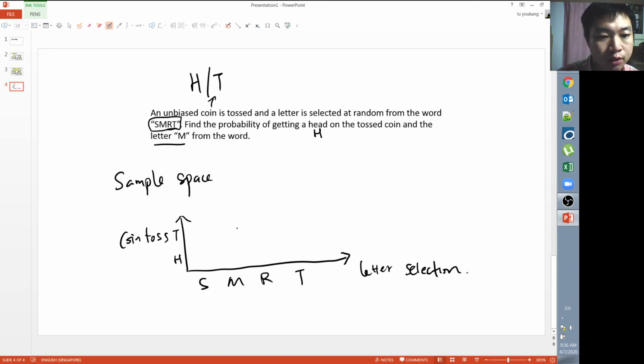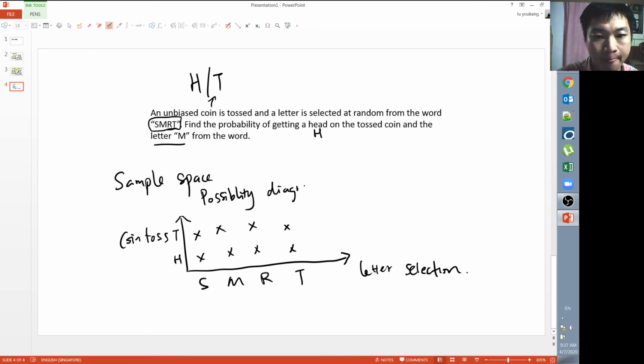Your sample space will be given by this possibility diagram.